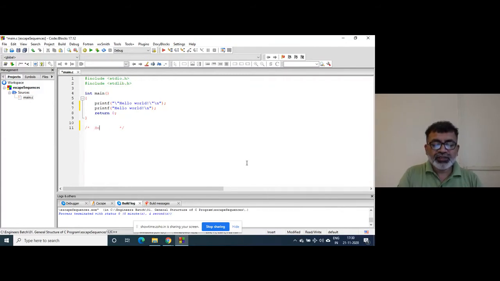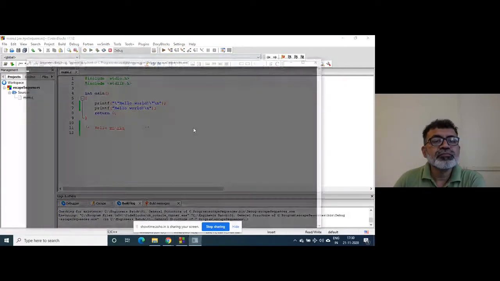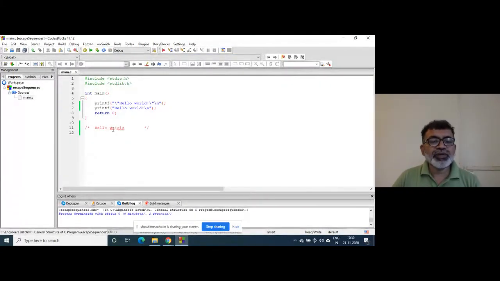I want it like this: Hello, WO backslash RLD. I want the output to be like this. Let's see what happens. It will be hello world and hello world, right? I want the output to be in this fashion.